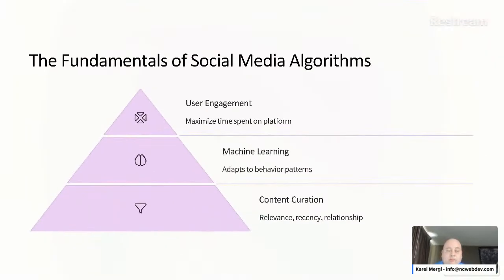I know the presentation gets into this a little bit later, so I want to pass that up. But these are the basics about the algorithm, and I would say the engagement really should be at the top, the base of the pyramid, because it's a social media platform. So that means the social aspect is the most important.